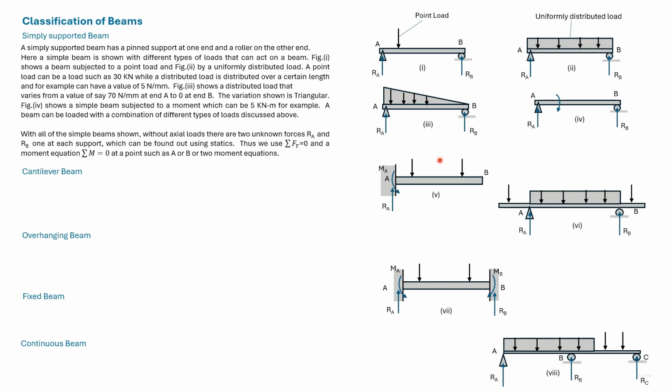There are also two equations of statics we can use, such as summation Fy equal to 0 and moment about a point, say B. We can also use moment about any 2 points. With two unknowns and two equations, a cantilever beam is statically determinate.